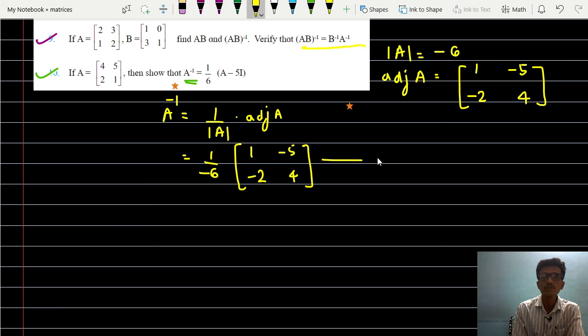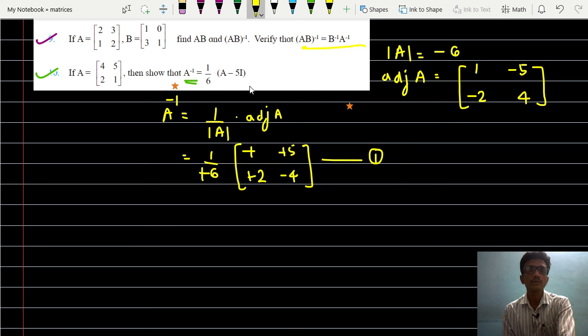This is your first side 1. Then you can take this minus sign यहाँ पे ले सकते हैं. ये प्लस होगा और ये माइनस, ये प्लस और ये माइनस. फर्स्ट इक्वेशन.